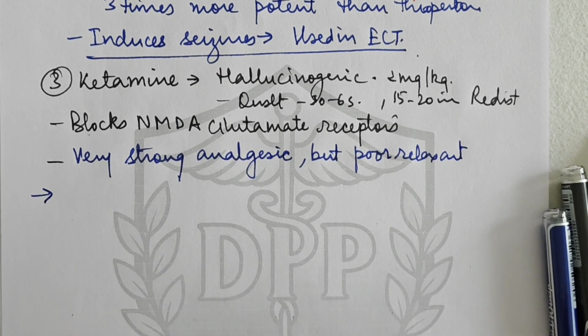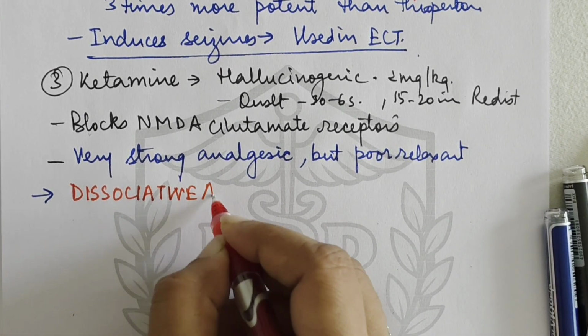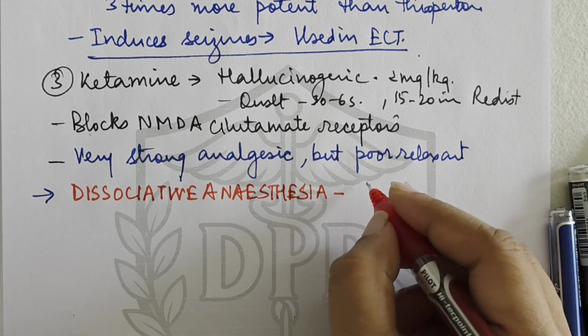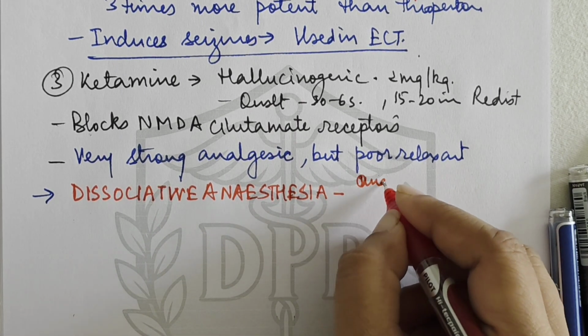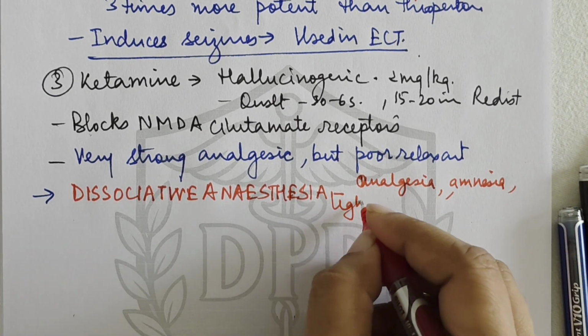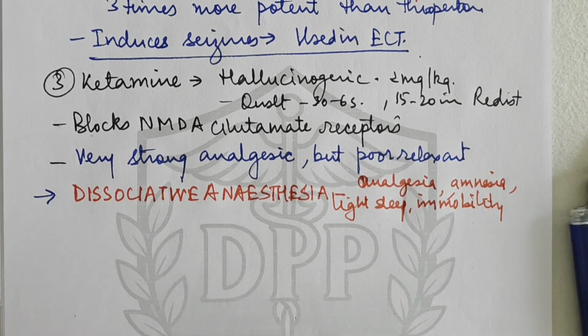Now the type of anesthesia that it produces, that is very special. It produces dissociative anesthesia. Okay, this is the anesthesia that it produces, dissociative anesthesia. That means it's a state of analgesia, amnesia with light sleep, immobility, and there's a feeling of dissociation from the own body.